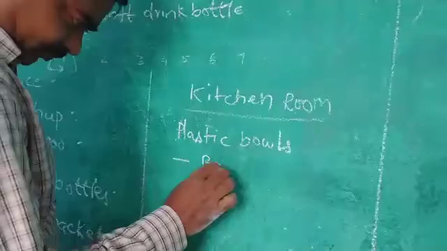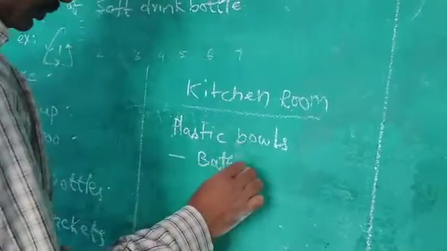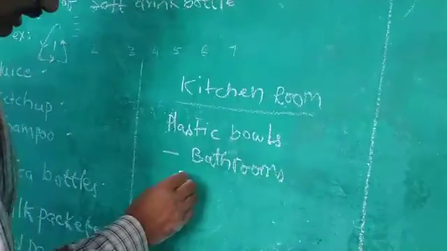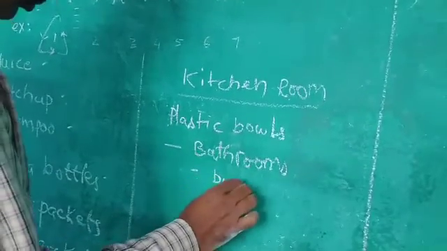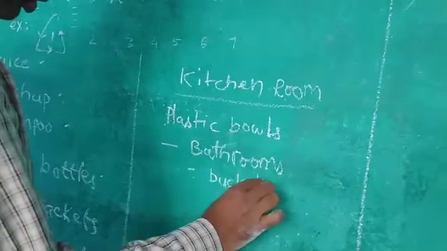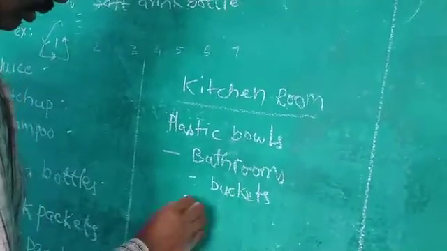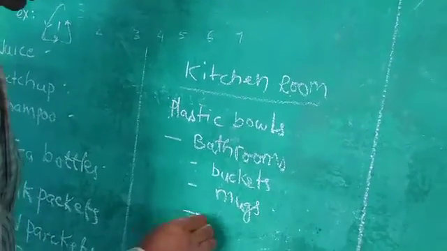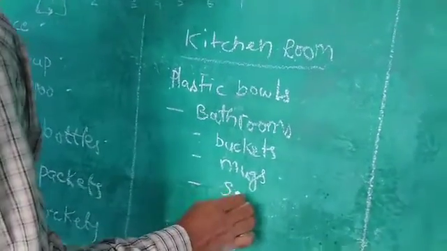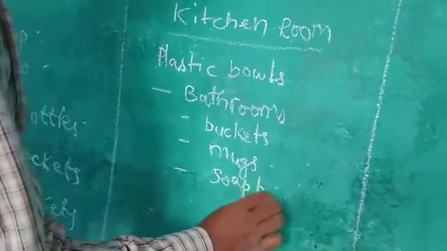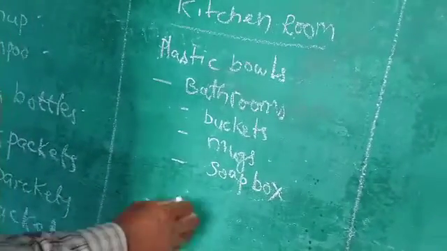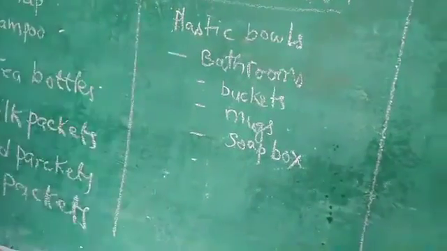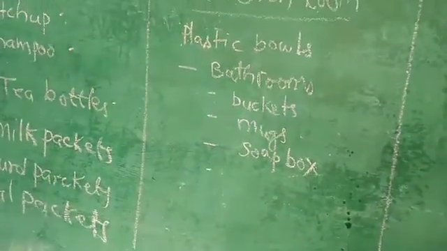Bathrooms: buckets, mugs, soap box. Any others that are there, you write them. Write the information about those.